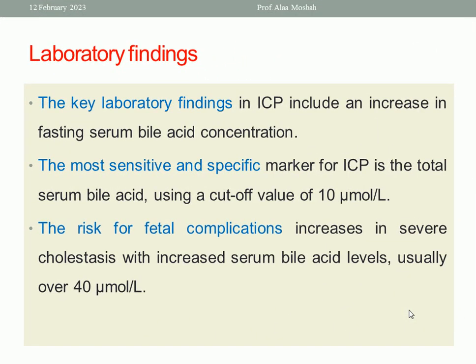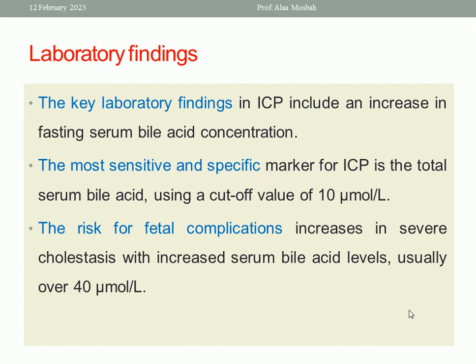What about laboratory findings? The most important one and the key laboratory finding is an increase in fasting serum bile acid concentration. And this is the first test you should do for a patient you suspect to have intrahepatic cholestasis in pregnancy.